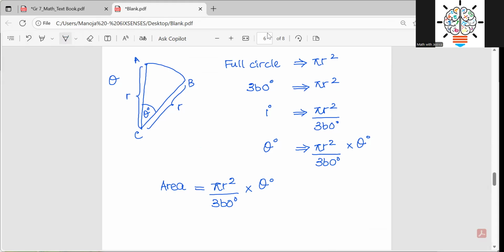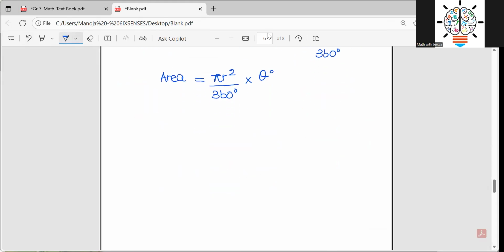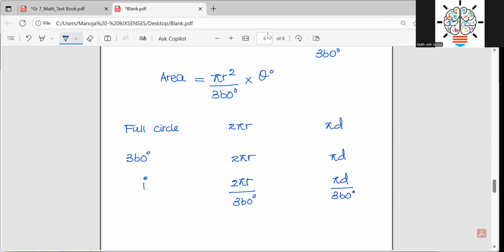So then for the perimeter, the full circle is 2-5R, or else it is 5D. That means 360 degrees covers 2-5R or 5D. That means 1 degree covers 2-5R divided by 360, or else we can write 5D divided by 360.